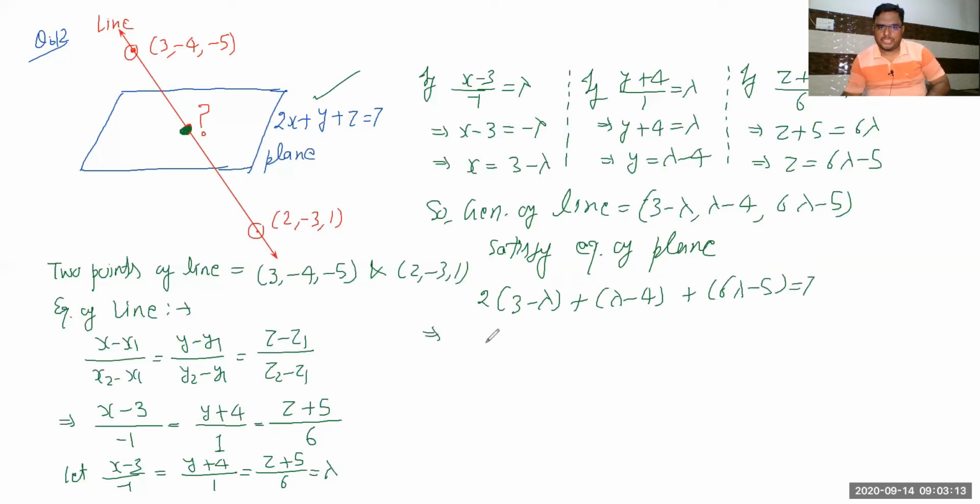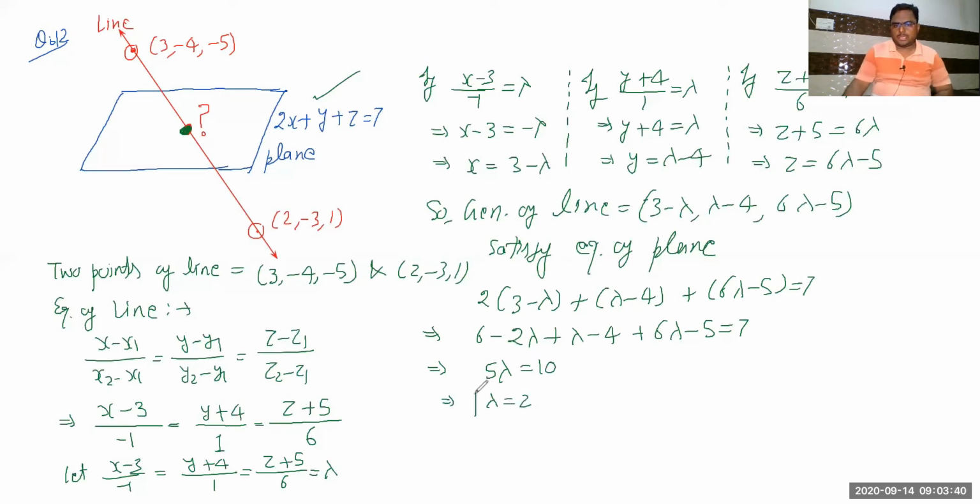Let us simplify it: 6 - 2 lambda + lambda - 4 + 6 lambda - 5 = 7. Let us find the value of lambda from here. 7 lambda - 2 lambda is 5 lambda, and 6 - 4 - 5 is -3, moving to the other side, 7 + 3 gives 10. So this implies that lambda is equal to 2.